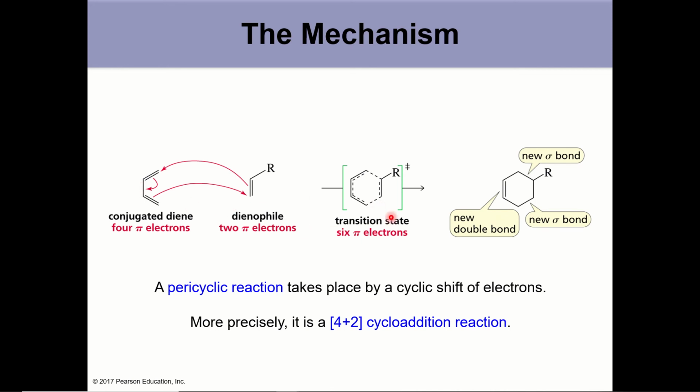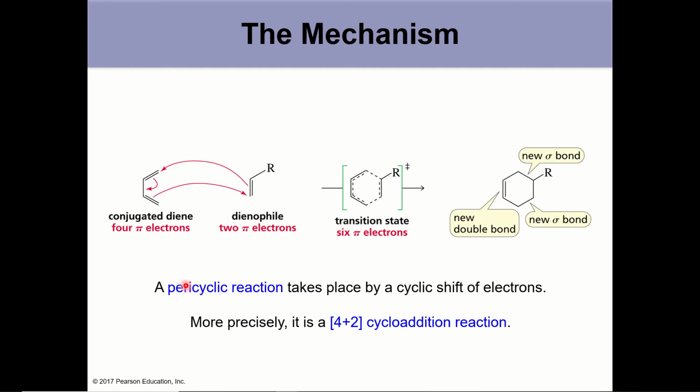Okay? So that gives us our transition state showing where all of our new bonds are forming or breaking. So here we have the pi electrons that broke here and here and here, and our new bonds forming from the dienophile to the diene, and the new pi bond being added between carbons 2 and 3. So we have a new sigma bond, and a new pi bond.